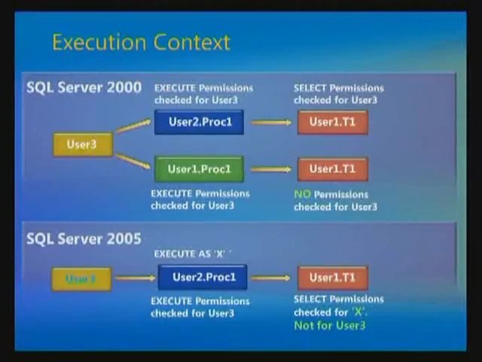And there are controlled ways in which you can revert back. We always honor module boundaries. So stored procedure as a module, if I was to have user 3, as in this case, call the stored procedure and have the stored procedure try to do a revert back to user 3, it can't do that. That other context is on the other side of a module boundary, and that revert will not happen.